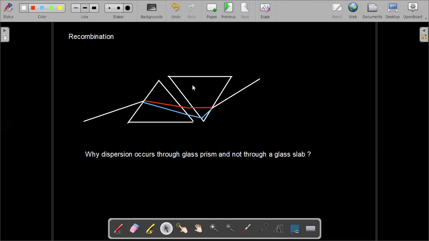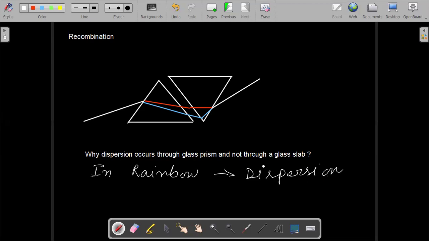Can you explain any one natural phenomenon based on the dispersion of light? Rainbow. Okay, rainbow. In rainbow formation, it is the same dispersion that occurs. So in rainbow again we observe dispersion of light.